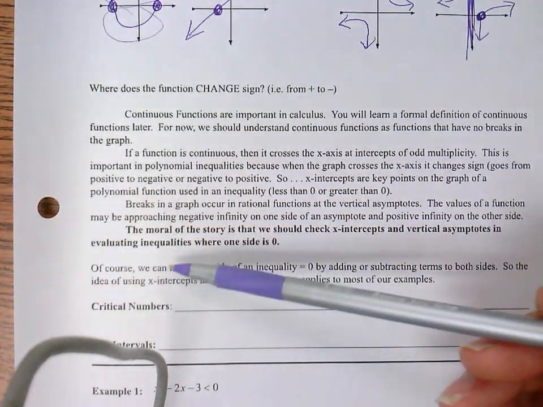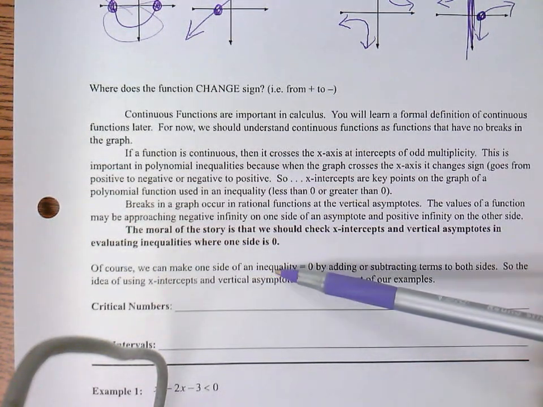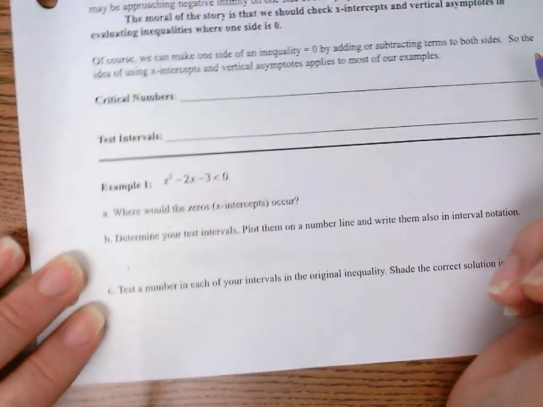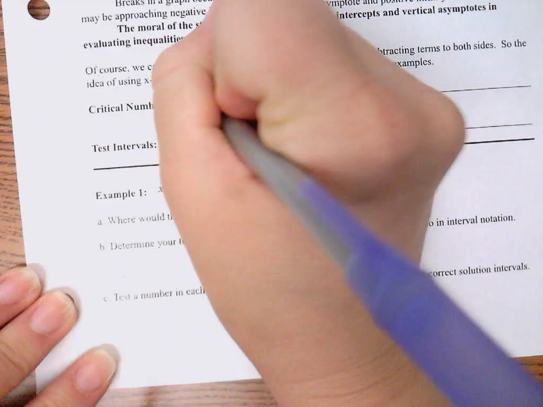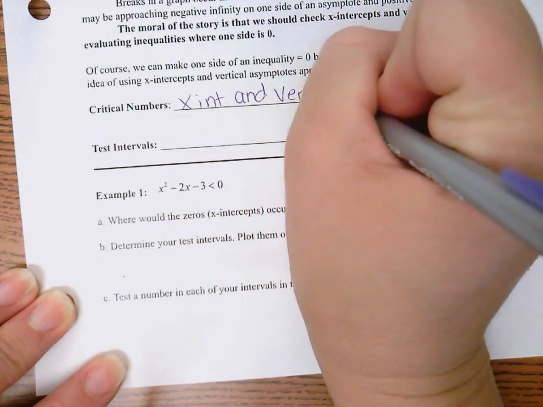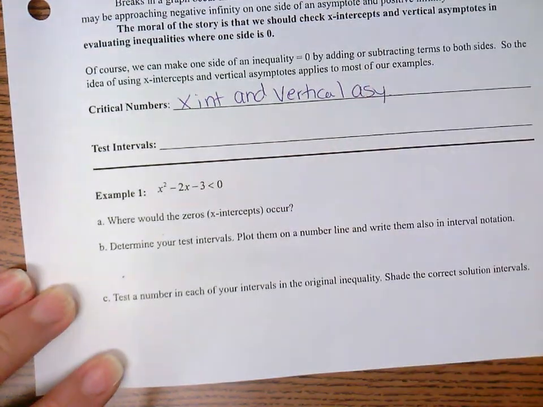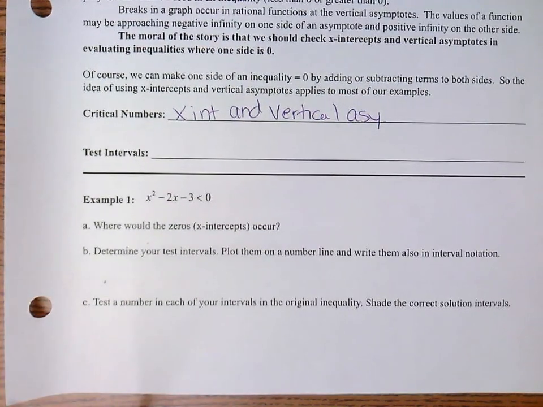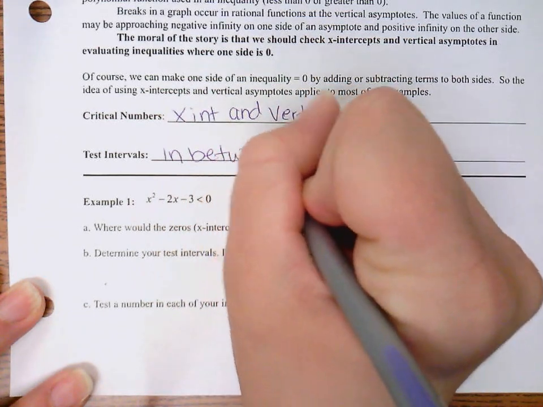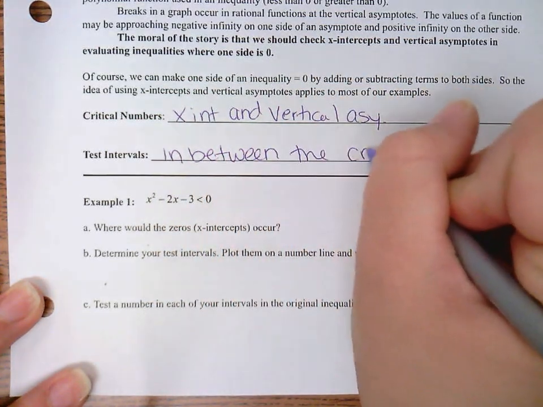So the idea is just we're going to use x-intercepts and vertical asymptotes as our critical numbers. So the critical numbers are x-intercepts and vertical asymptotes, because it's where the graph is going to change sign from positive to negative. So the test intervals are in between the critical values.